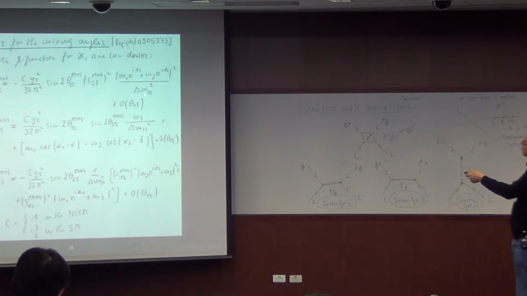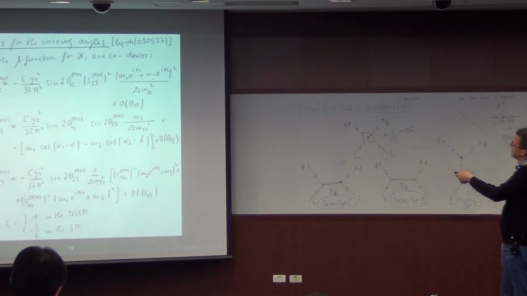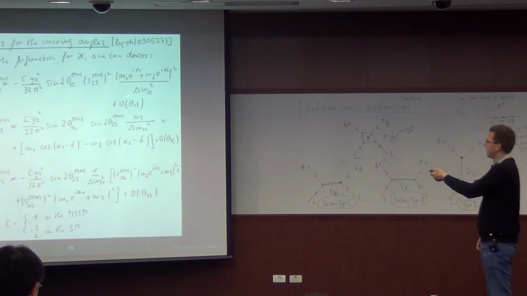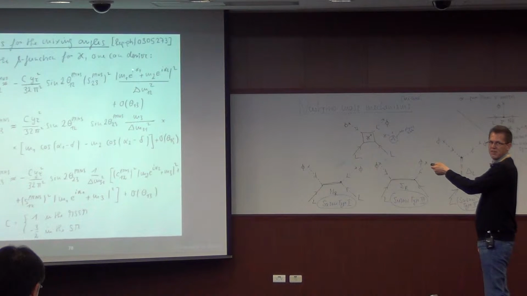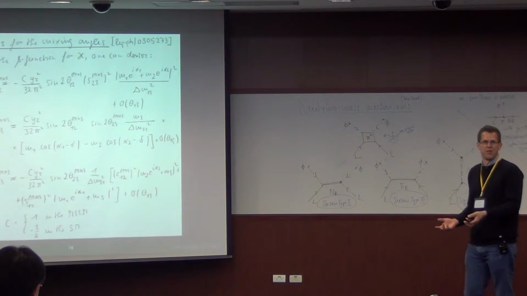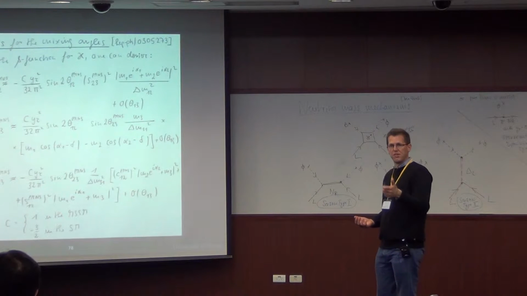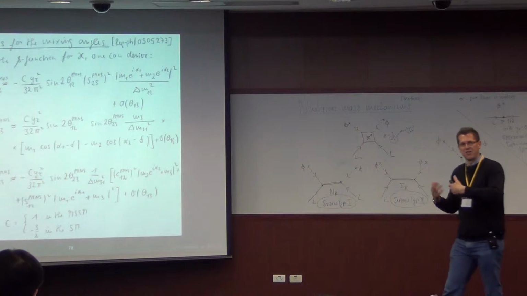So it depends on whether this running is large or small. In the first place, if this mass scale is big, so if you are in the quasi-degenerate limit, where the masses are much bigger than the mass splittings, then this factor becomes very large, and you see that the renormalization group running is also very large. So this is the first situation: quasi-degenerate neutrinos.